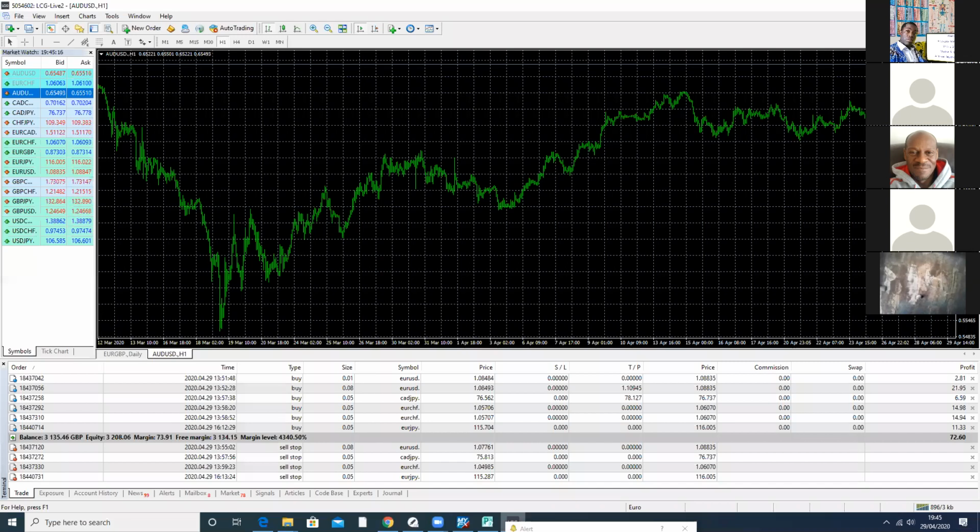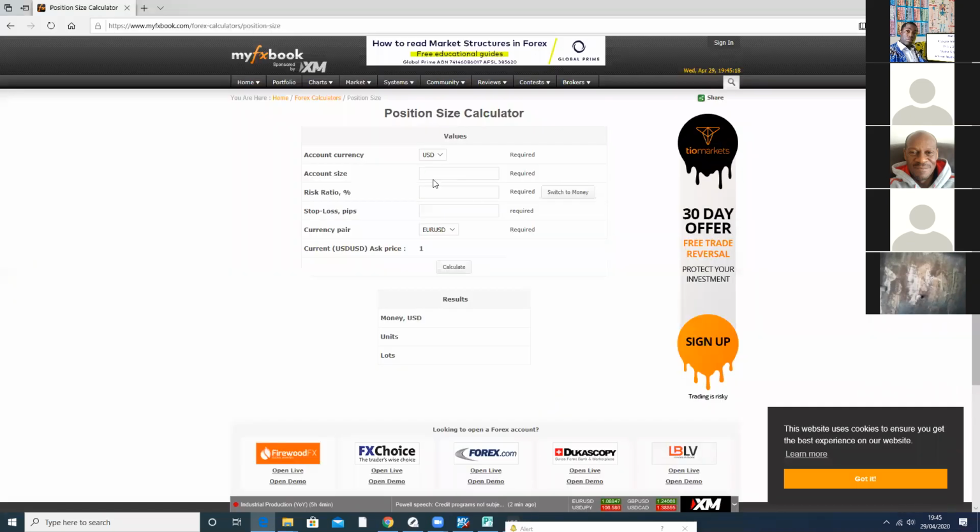At the moment it's 3,130, so say 3,000 pounds. Let's put it at GBP because the GBP account is what I'm working on for this client. And I am going to risk a total of 4% of this account.